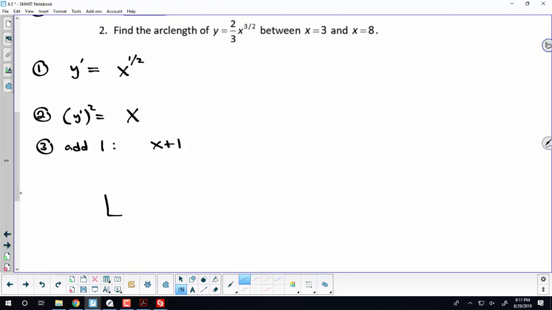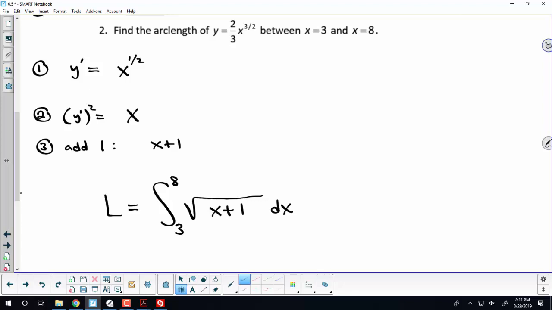So arc length is the integral from 3 to 8 of the square root of x plus 1 dx. That's it. When we compute that, we have the length of that curve.